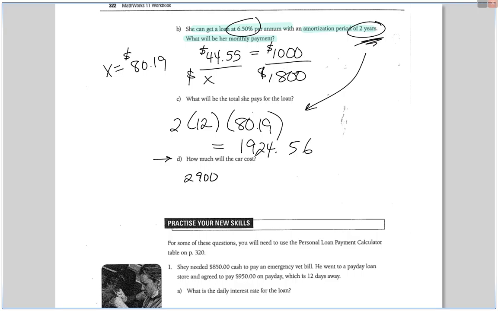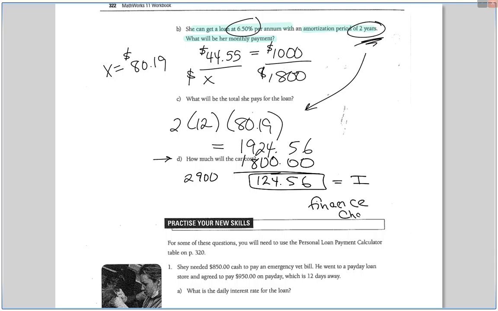However, if you subtract the price of the loan, $1,800, from this other number, you get $124.56. This was the finance charge, which is the interest. That actually gets added on to the price of the car.